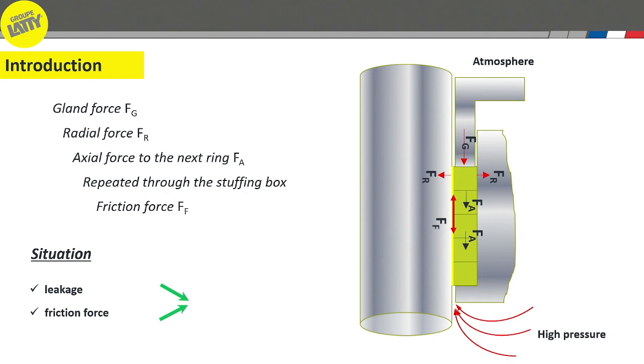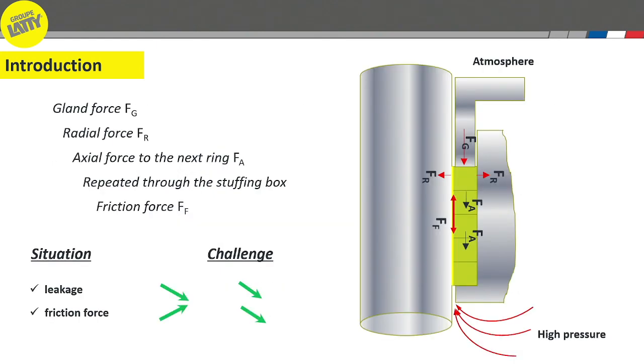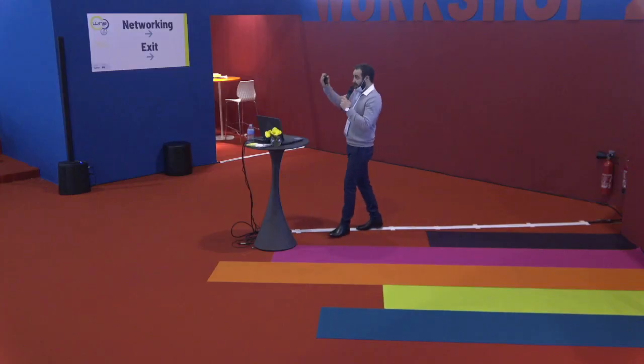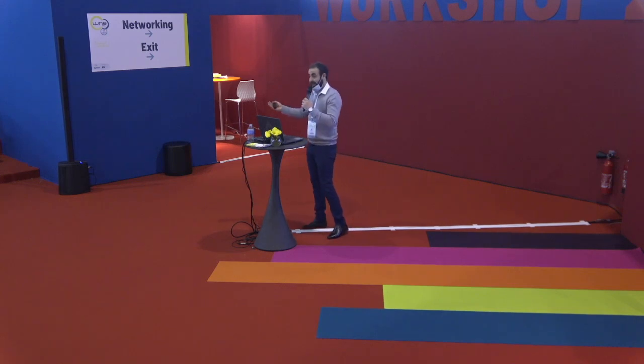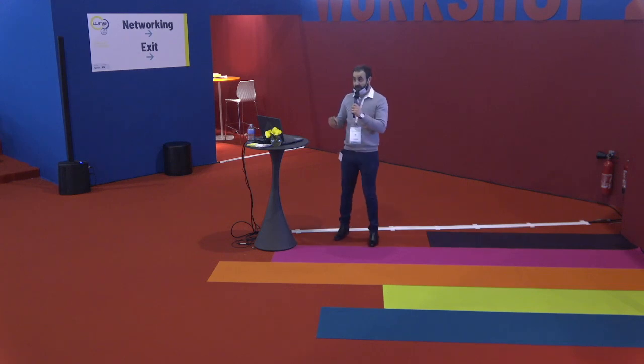The desired and ultimate goal when designing a packing solution is to get the lowest friction coefficient while the leakage is eliminated. So the aim is to get both tendencies: eliminate leakage and fluid escaping, and at the same time reduce the friction coefficient as much as possible.